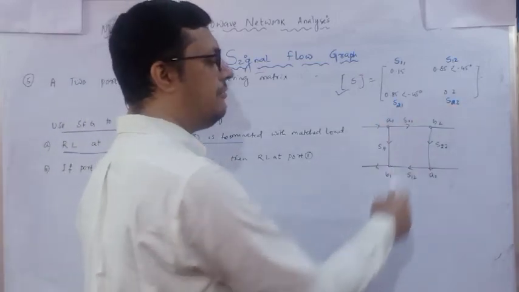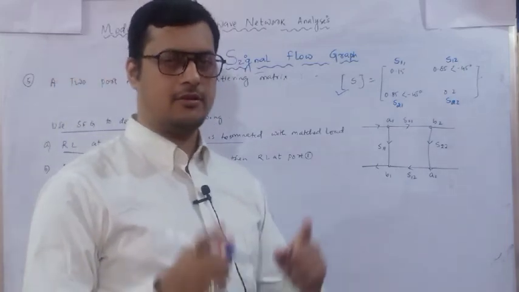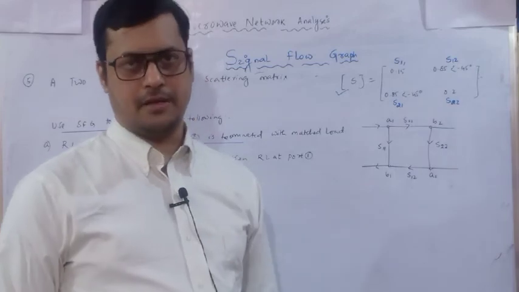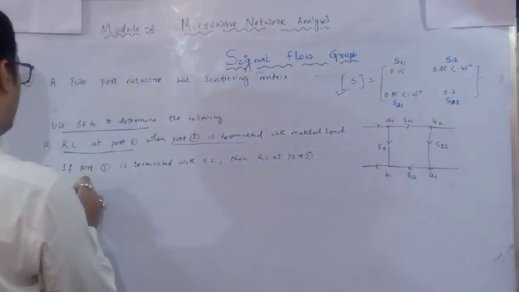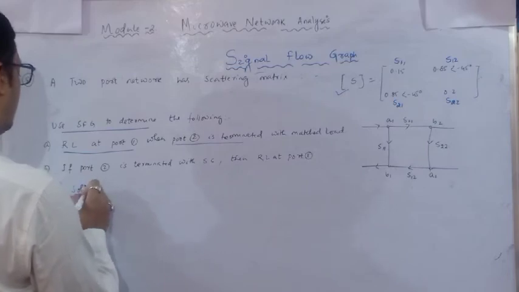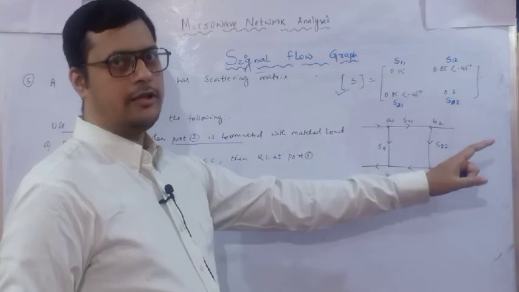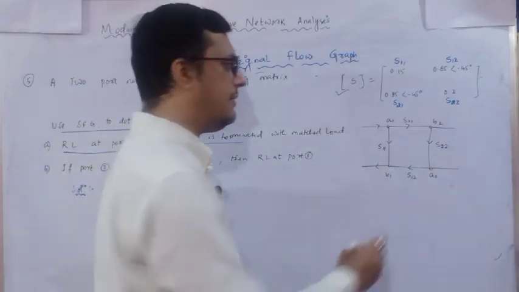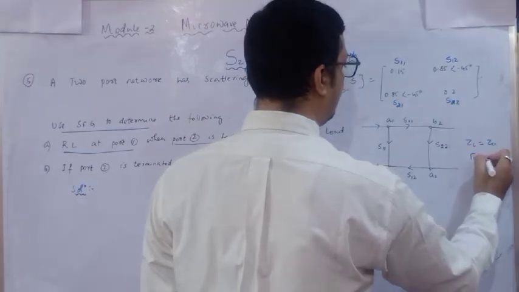And this is the signal flow graph, and between these 2 nodes we have the scattering parameter, because the branch indicates the scattering parameter. Now as per the first question, port 2 is perfectly matched. Perfectly matched means ZL is equal to Z0, so the reflection coefficient is 0.